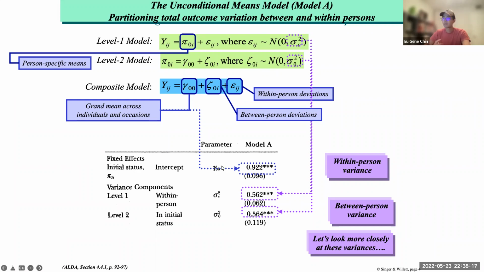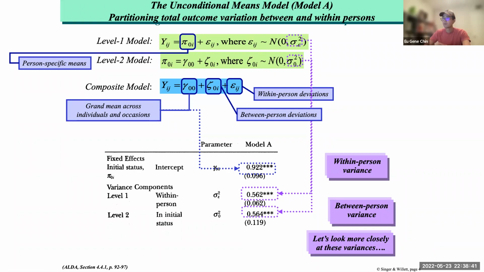We can see over here that gamma 0,0 represents the intercept. Again, this is the grand mean across individuals and occasions. So it is basically the average of alcohol use across individuals and occasions, and it is statistically significantly different from 0, suggesting that this is more than 0.